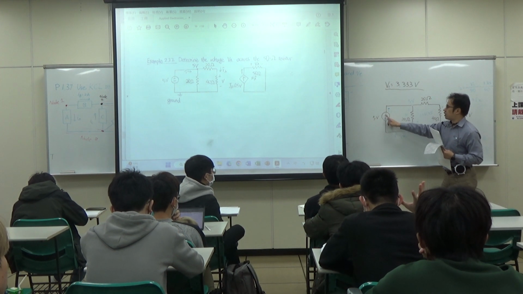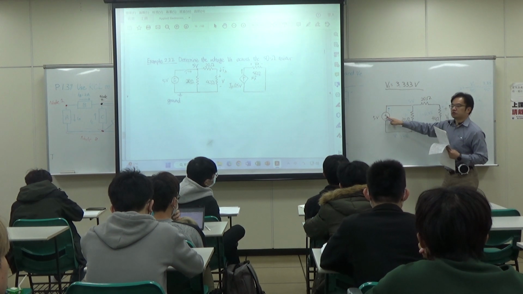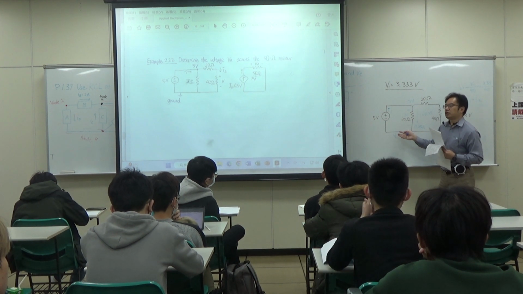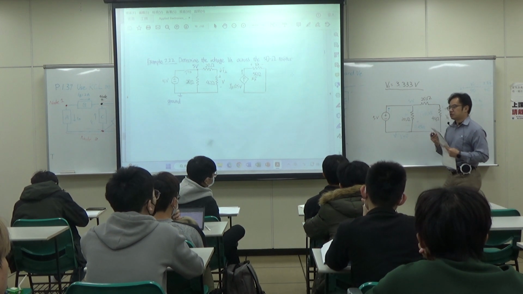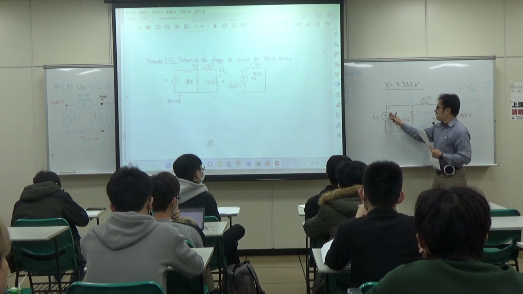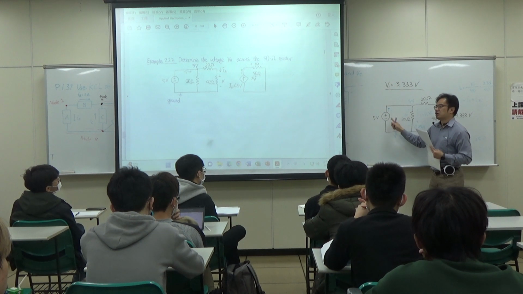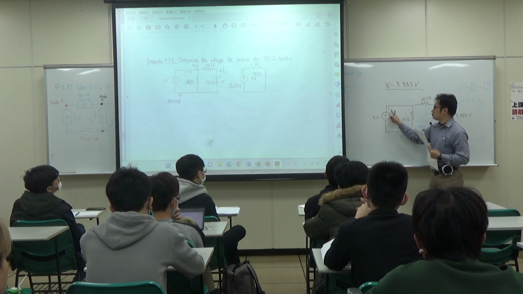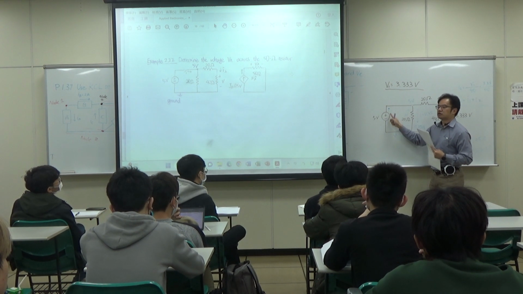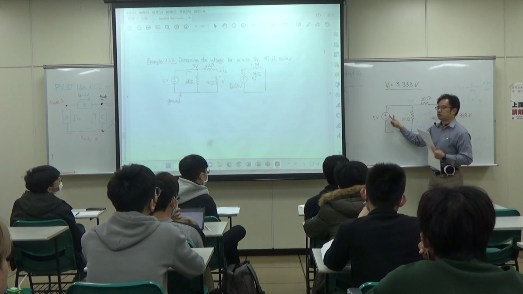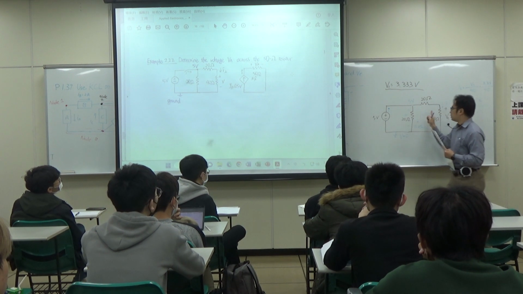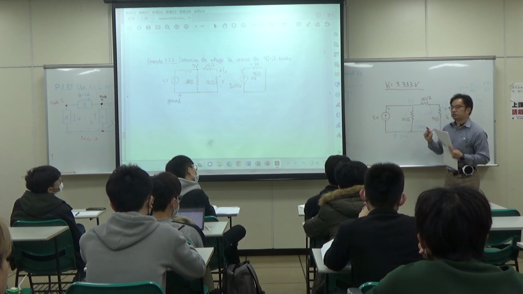It usually flows from the positive terminal because it provides energy, right? If you remember yesterday we mentioned, as long as the current flows from the positive terminal of an element, it provides energy. So we know I flows out from this plus terminal, but we don't know its value. That's the way to calculate its value.